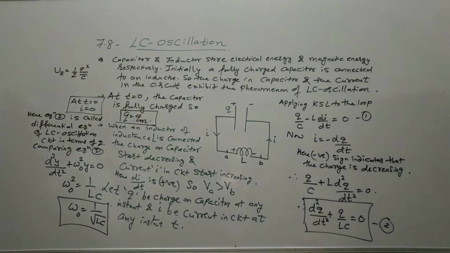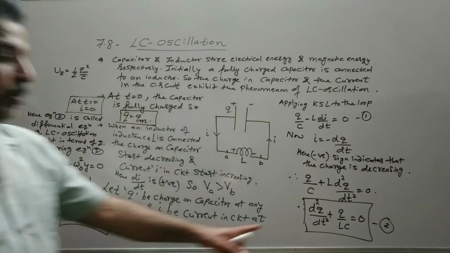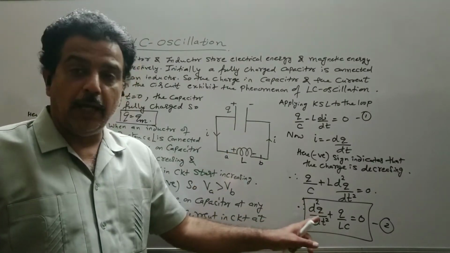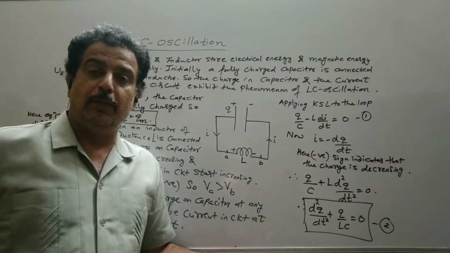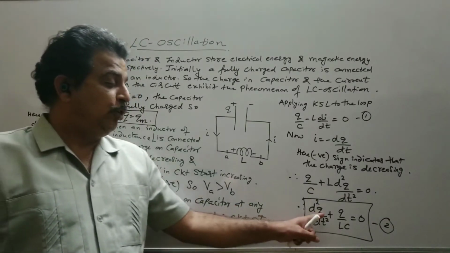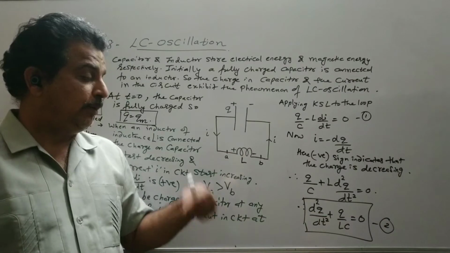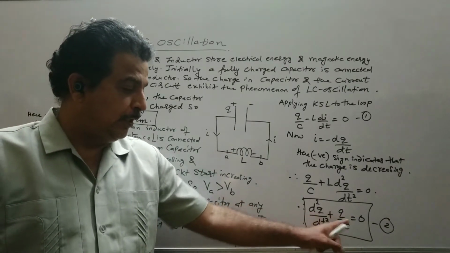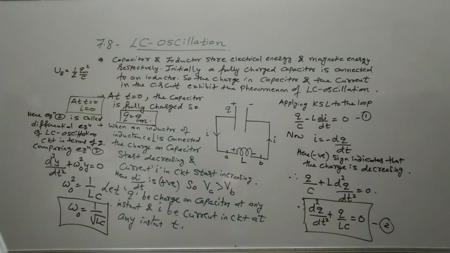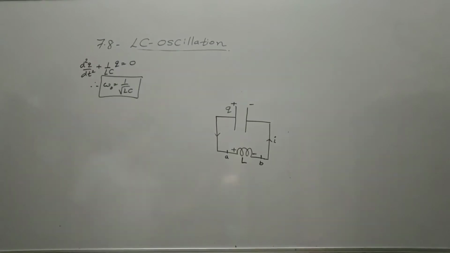Now if this is the differential equation of this circuit, we should have the solution of this equation. Here solution means we should find out the value of q, so that if I do the double derivative of q and substitute here and the value of q here, LHS should be equal to RHS. So let us see what is the solution of this equation number 2, that is the differential equation of the LC oscillation circuit.